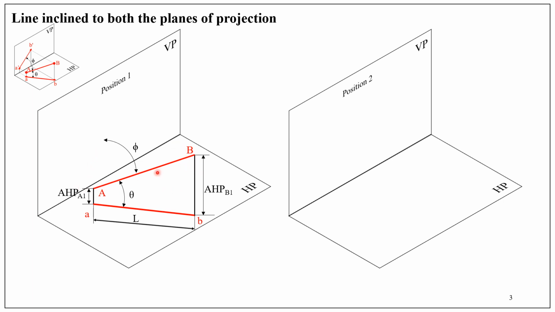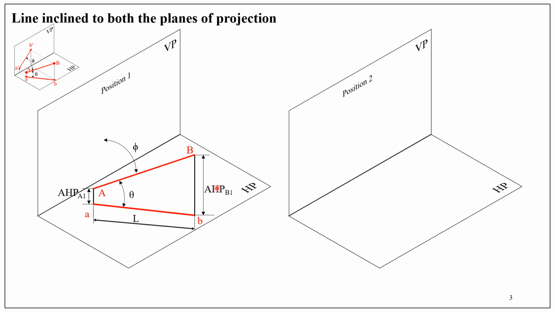The line is AB, and its corresponding top view alone is imagined and drawn here. The black color lines capital B, small b, capital A, small a are the projectors, and A1 is the distance of point capital A above the horizontal plane, and this is the distance of point B above the horizontal plane.